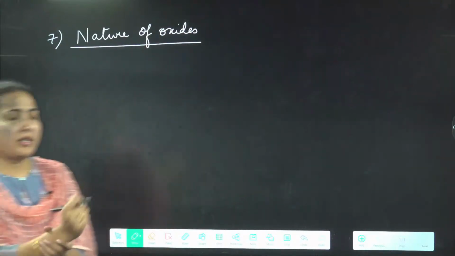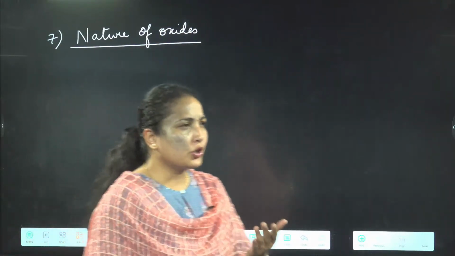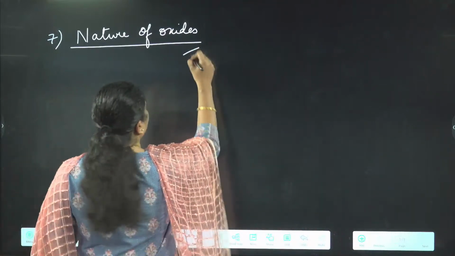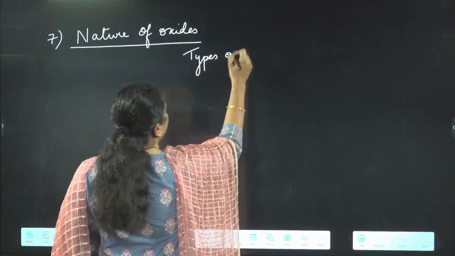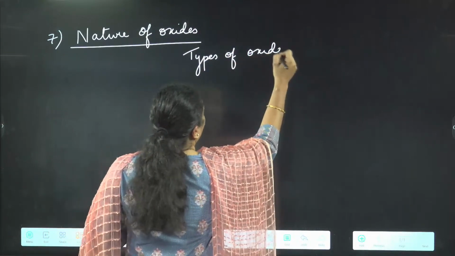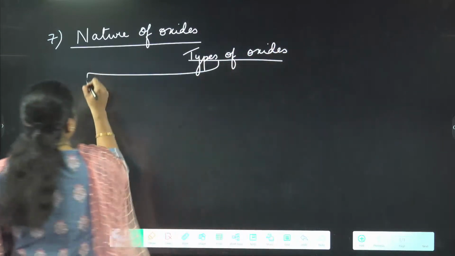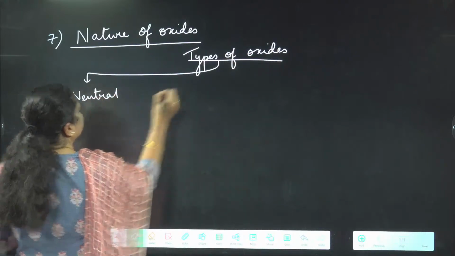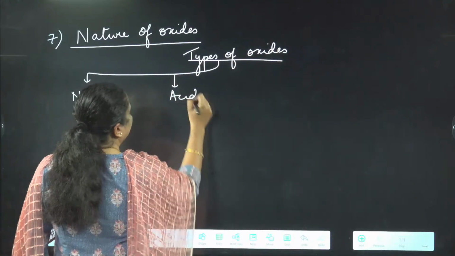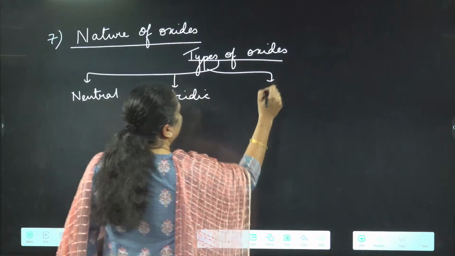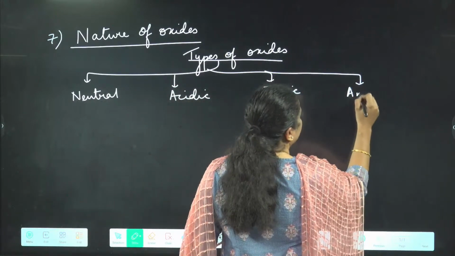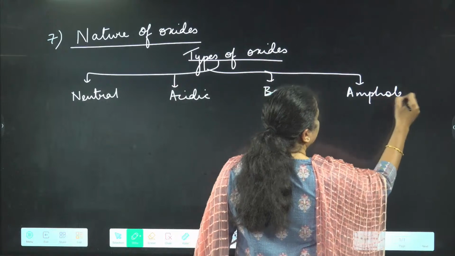So basically, a compound of different elements with oxygen is known as an oxide. When it comes to types of oxides, there are basically four categories. One is neutral, another is acidic, another is basic, and one more category which is amphoteric oxide.